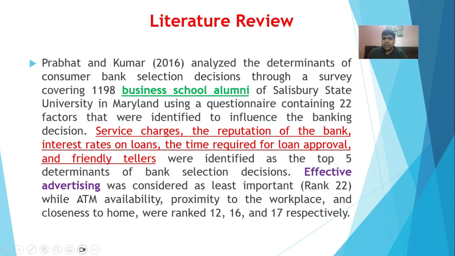Effective advertising was considered as least important, while ATM availability, proximity to the workplace, and closeness to home were ranked 12, 16, and 17 respectively. So this is a paragraph style of writing. It contains the country, the sample size, the sample unit, business school alumni, and the major findings.